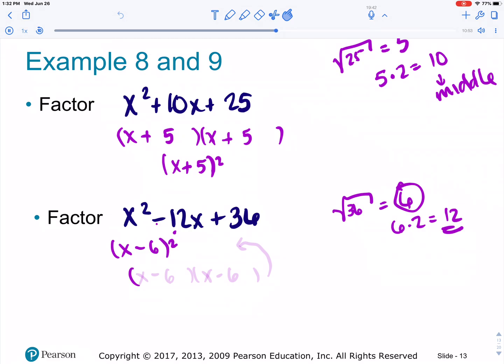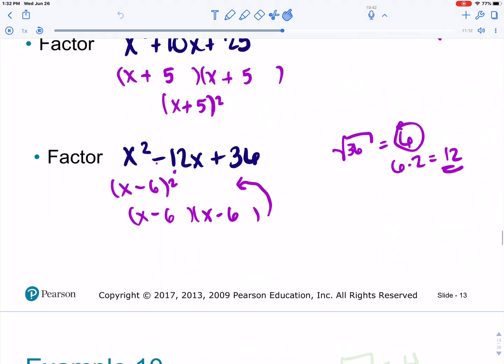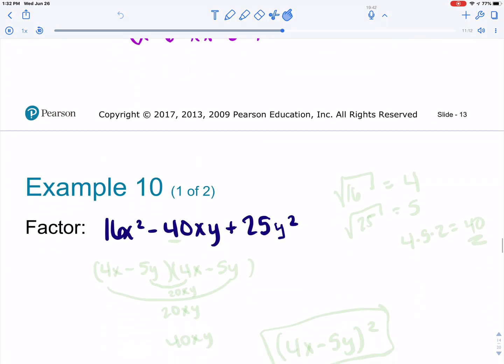But again, you can do your two parentheses and say x and x, minus, minus, what times what makes 36 that adds up to be 12, and that's 6 and 6, which gives you the same answer. So these are ones that you can do a couple different ways and end up with the same answer. So whatever works for you.